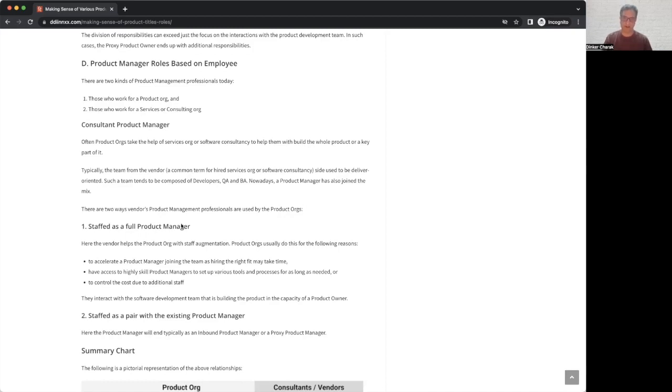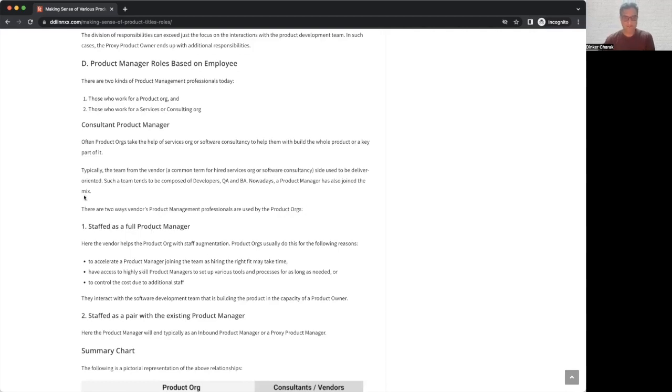So they bring in this product manager as a consultant, maybe for a short period while there is some crisis, or maybe for a longer period till this product becomes BAU, business as usual status, or gathers some kind of scale which the organization can then handle, and they don't need the specialist product manager, right? It totally depends upon the need and the experience and expertise of this consultant product manager.